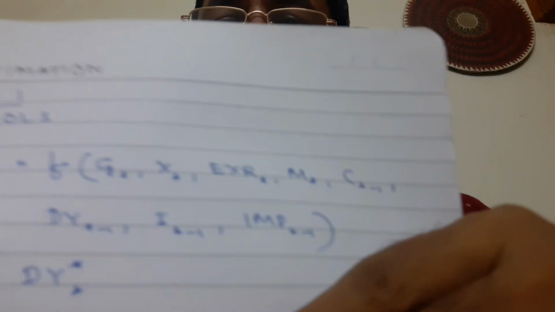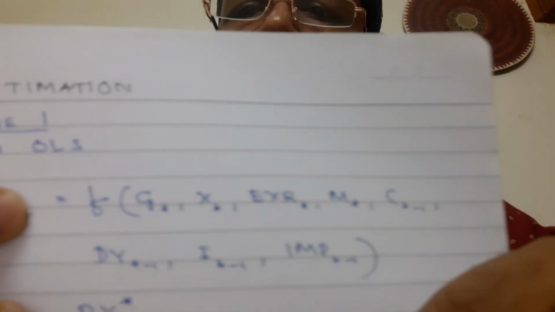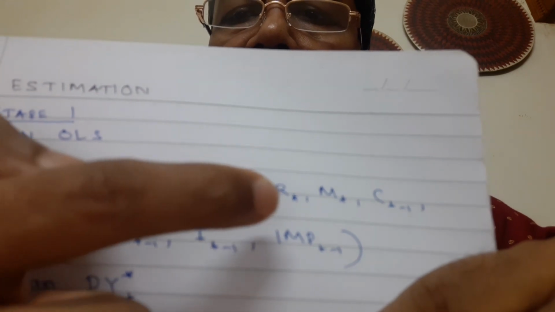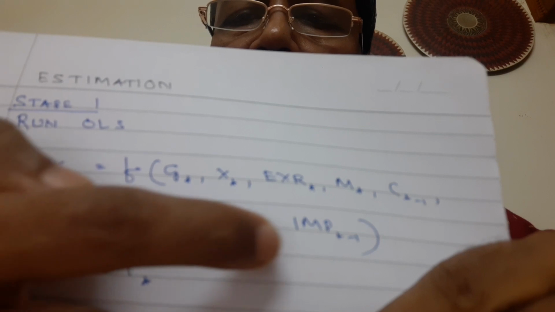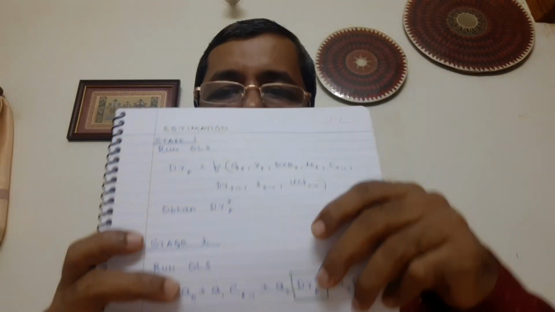For example, for finding an instrument for dyt, we run a regression of dyt on all the predetermined variables. We have gt, we have xt, we have exchange rate, we have mt, ct minus 1, dyt minus 1, it minus 1, imp t minus 1. We have 8 predetermined variables.